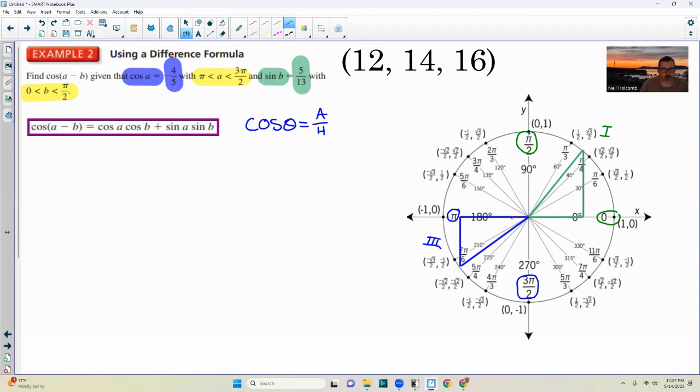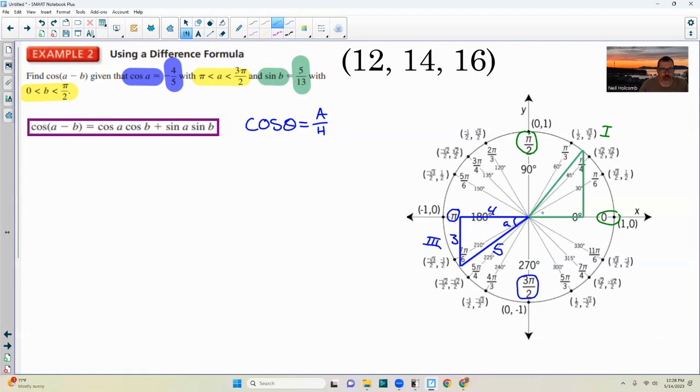So negative 4, that would be this side, and it's going to the left, but it's a length of 4 going in a negative direction. And the hypotenuse is 5. Well, if I want to find the other side, it's 5 squared minus 4 squared, which is 25 minus 16, which is 9, and take the square root. So this would be 3. So it's a special right triangle, the 3, 4, 5 triangle. Okay, so that's the one triangle we're dealing with, and this is theta. Or actually, they're calling it A here. So that is angle A.